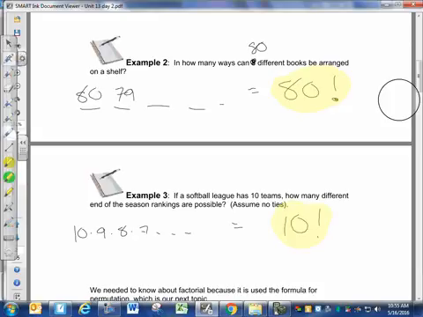We have 10 softball leagues and we want to order them all. Well, take a group of 10 and order all 10 of them. Type in 10P10 and see if it's the same as 10 factorial. So type in 10P10 and type in 10 factorial, and let's see what happens.